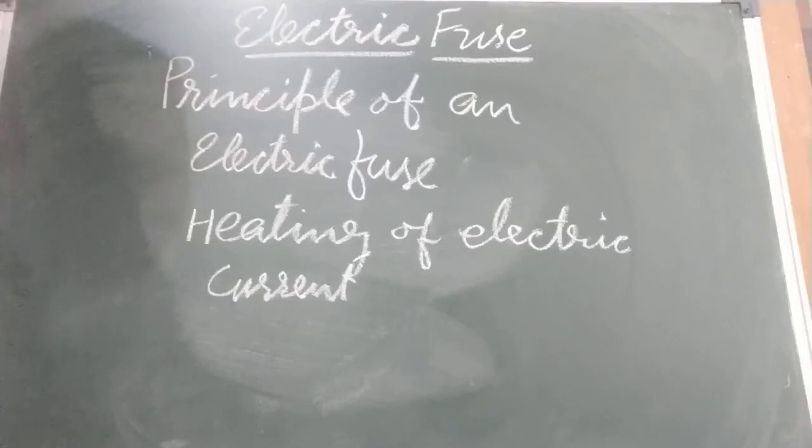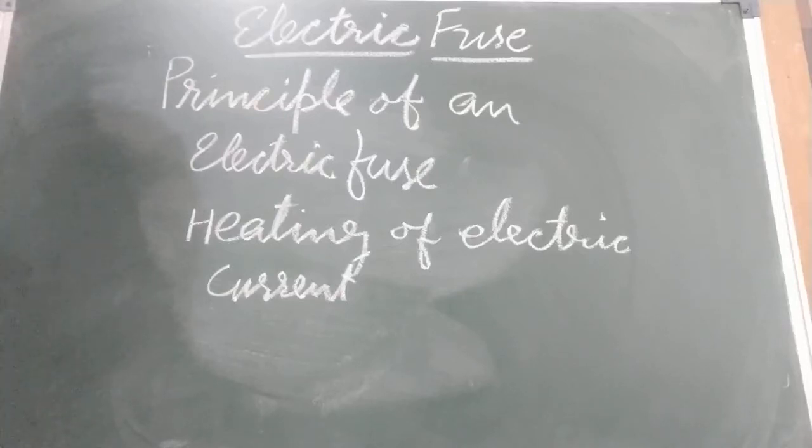So when the right amount of current is coming, no problem is there, the device will work. But sometimes all of a sudden a large amount of current comes. At that time what will happen? This wire cannot resist that much heat. It will heat up and it will melt. The wire is made up of a material that melts easily when heated.